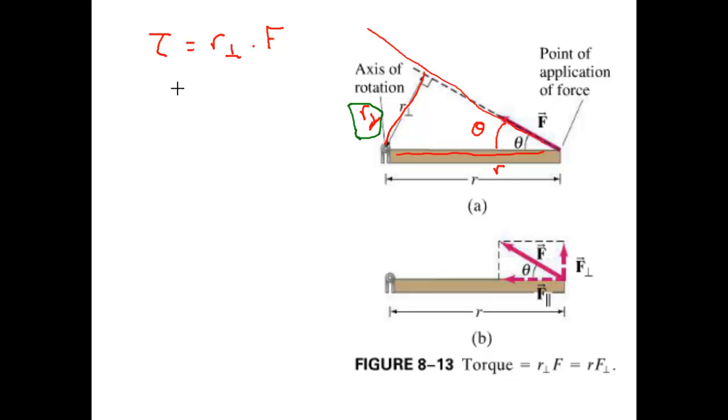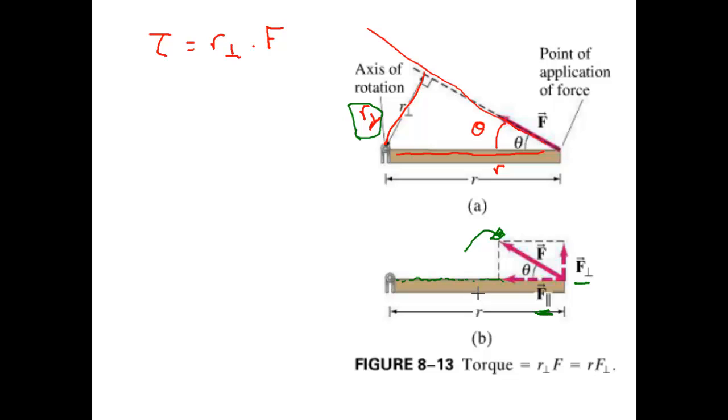What I tend to do is say, okay, I have a force acting on this door. I'm going to break this force up into two components, the perpendicular component and the parallel component. Now, I know that this parallel component is going to have a lever arm of 0.